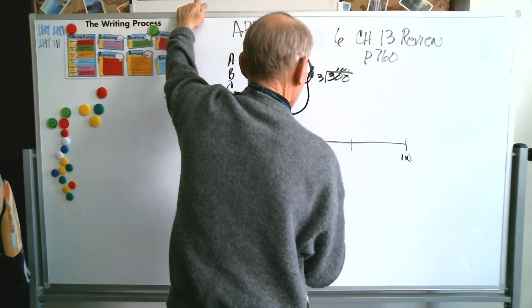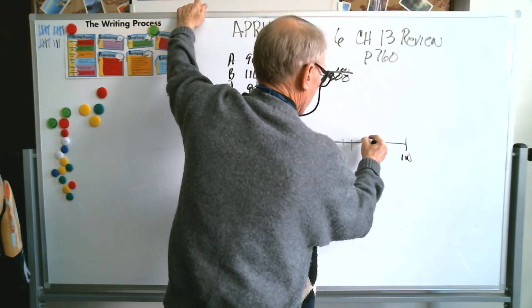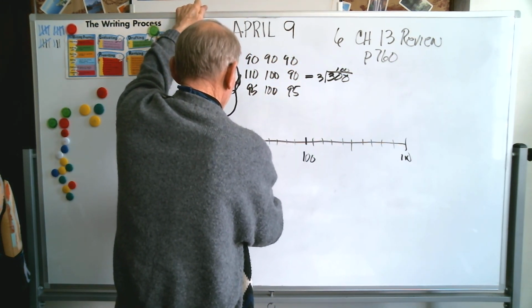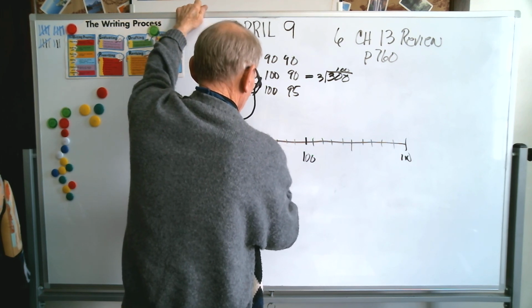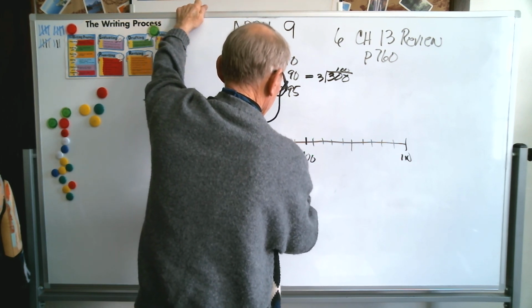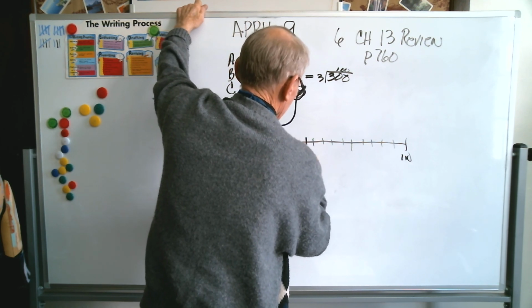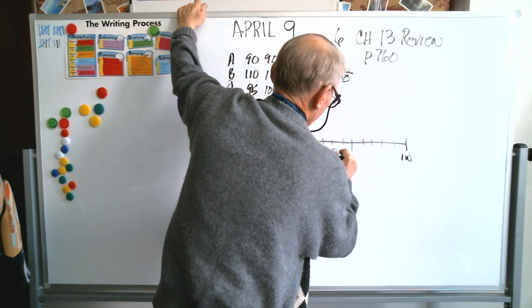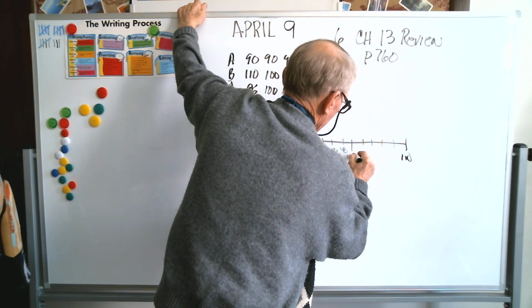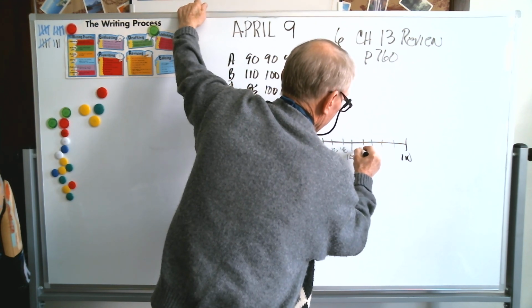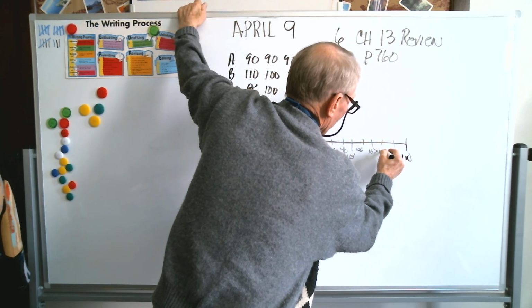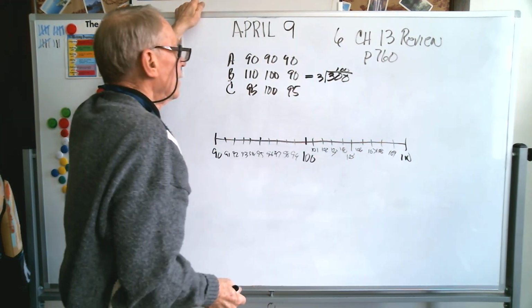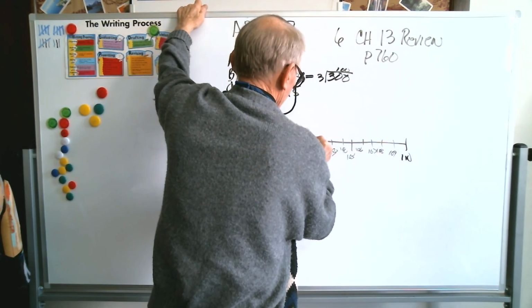And so we got 90, 91, 92, 93, 94, 95, 96, 97, 98, 99, 101, 102, 103, 104, 105, 106, 107, 108, and 109. This is our mean right here at 100.